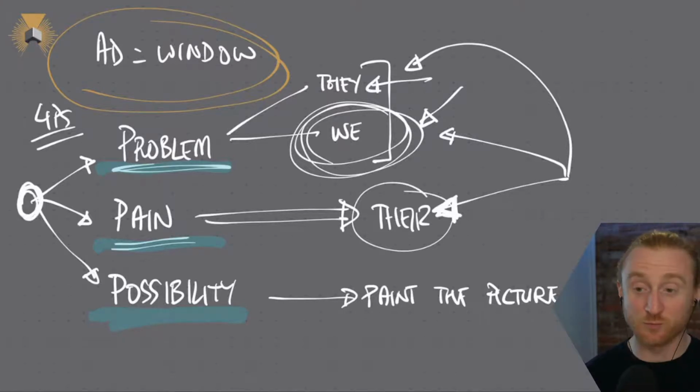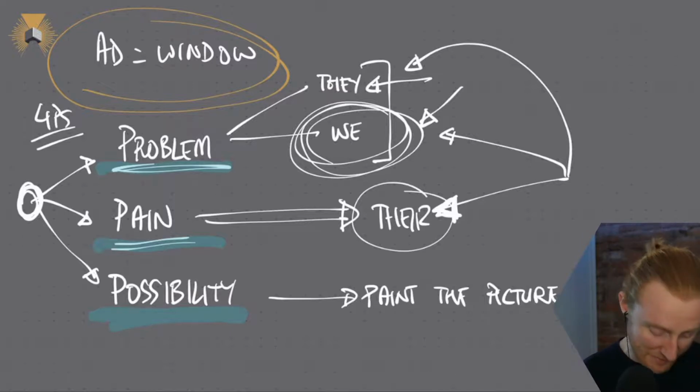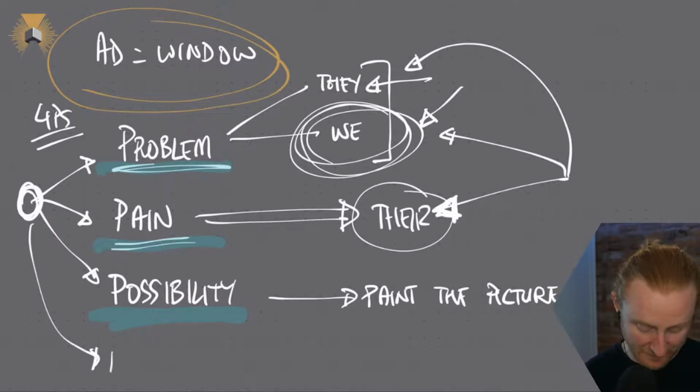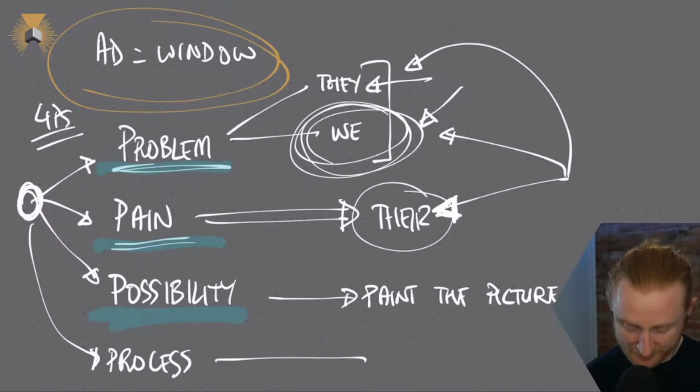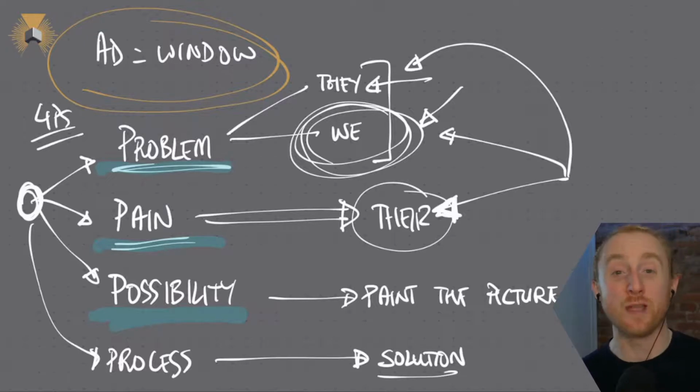This part here is how you're going to meet the market where they are. And then the last P here is the process. This is where you introduce your solution, your way of doing things.